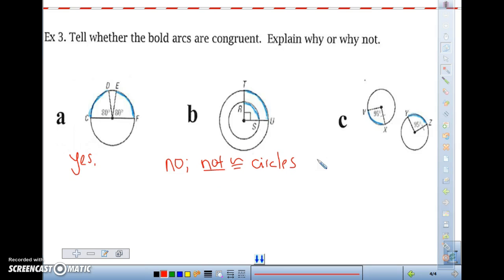And then letter C. There's a little congruent mark here and here. So that means that the radius is the same. So are they congruent circles? Yes, they're the same size, same shape. And are the central angles the same? Yes. So this one is a yes.